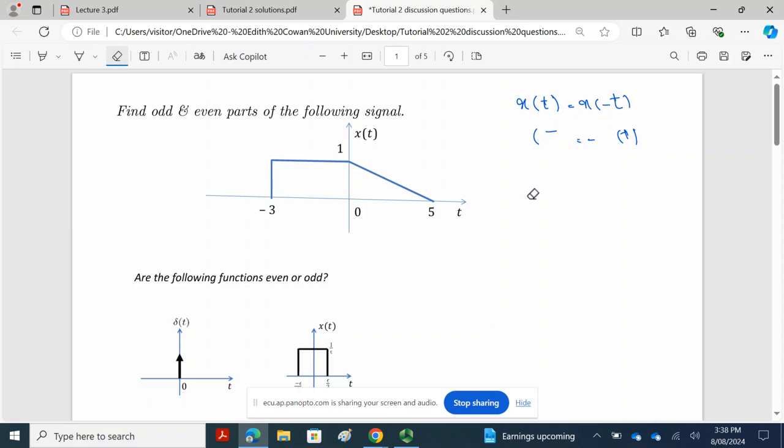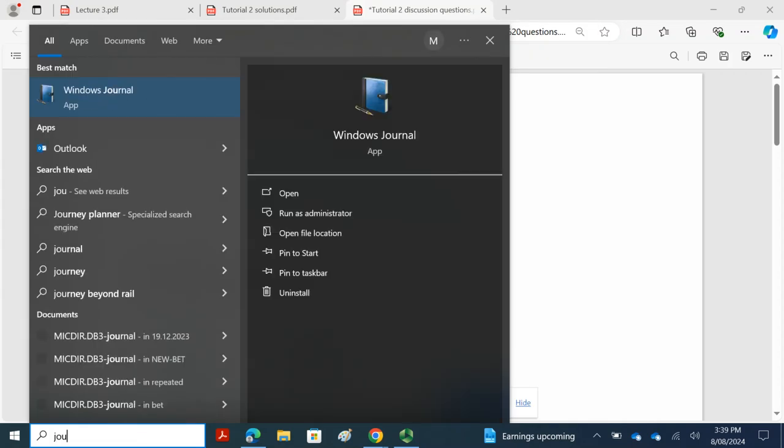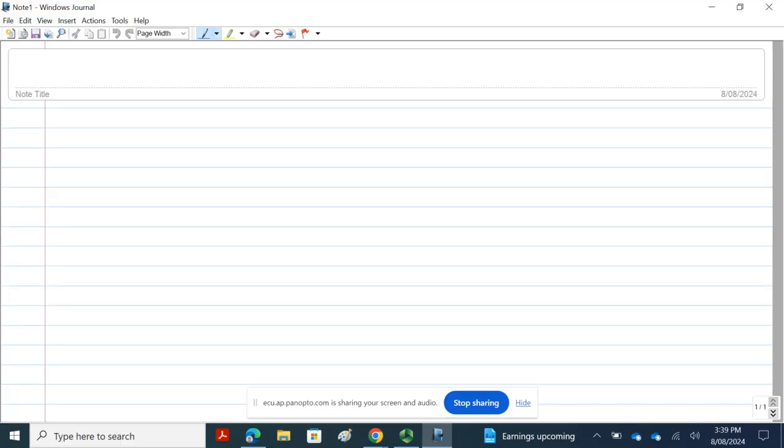Another formula we talked about: for finding the even part, you add x(t) and x(-t), and then divide by 2.